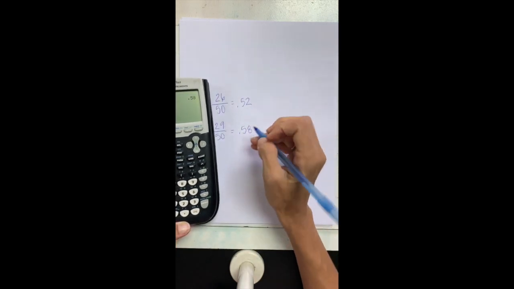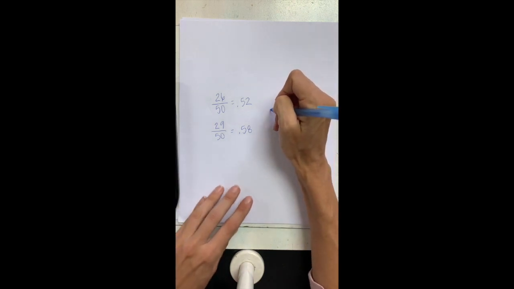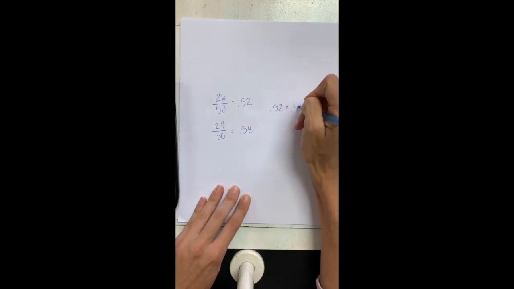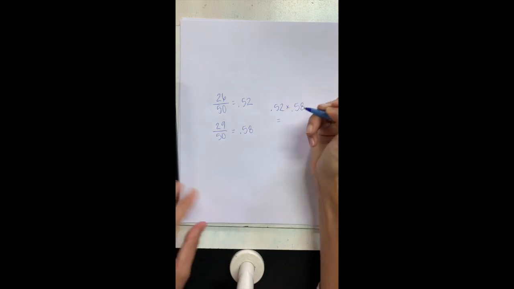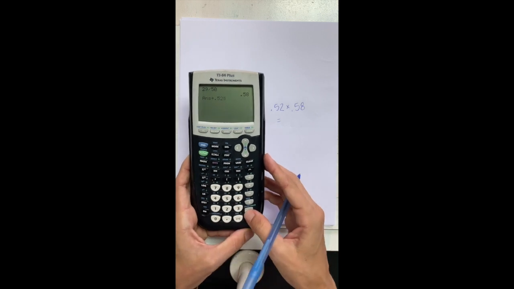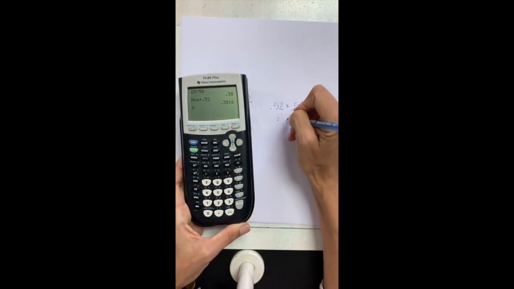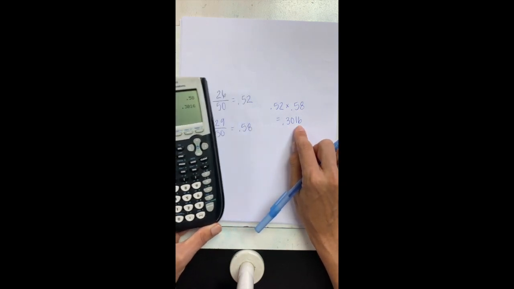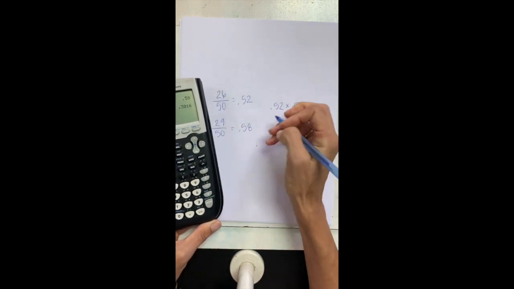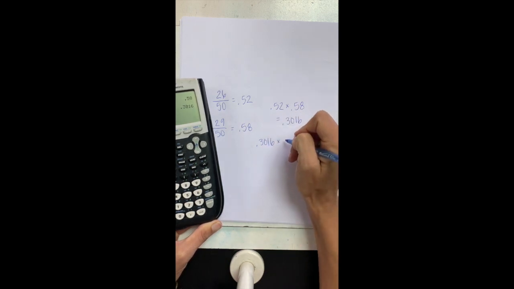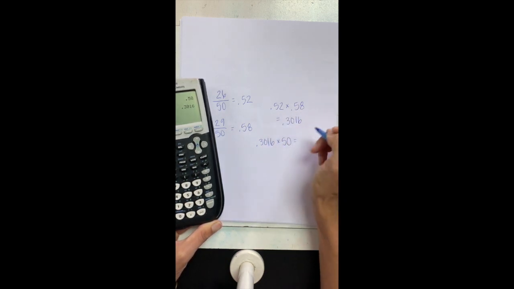Now the next step is we're going to take the 0.52 and multiply it by the 0.58, and we get 0.3016. Our next step after that is to multiply by our total number of quadrants, which is 50.